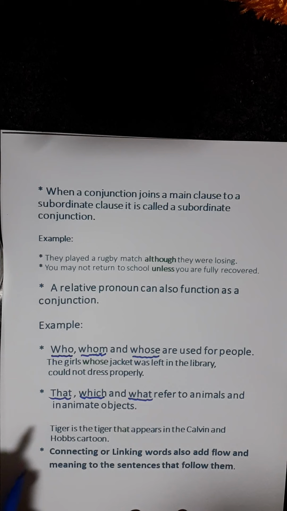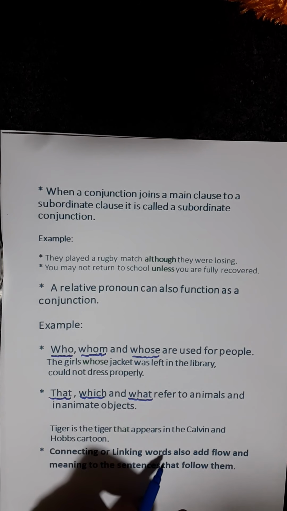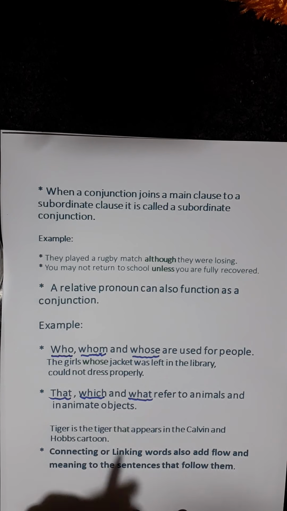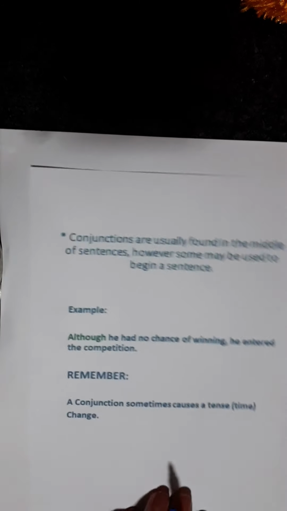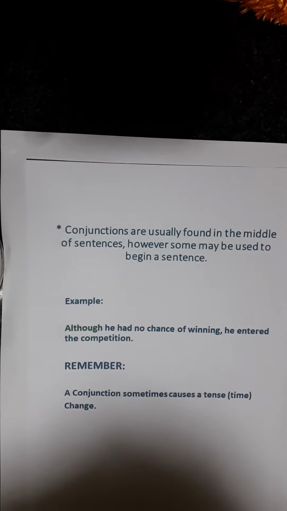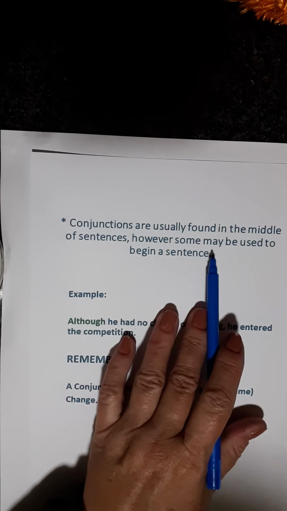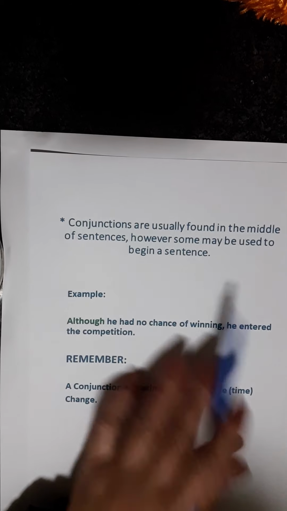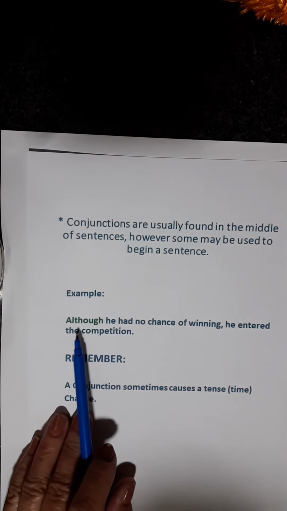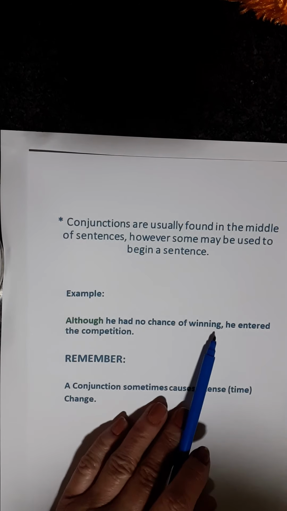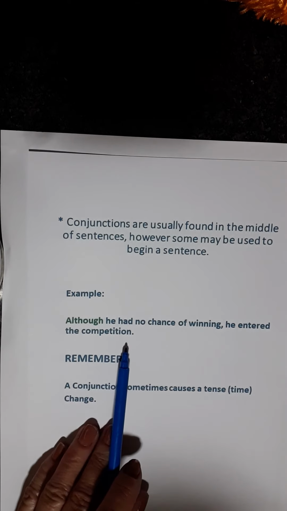Okay. Then connecting or linking words also add flow and meaning to the sentences that follow them. For example, conjunctions are usually found in the middle of sentences. However, there may be some used at the beginning. For example, although he had no chance of winning, he entered the competition.